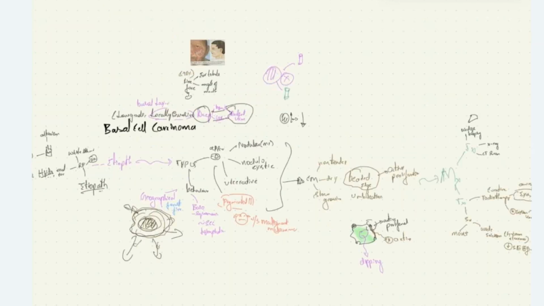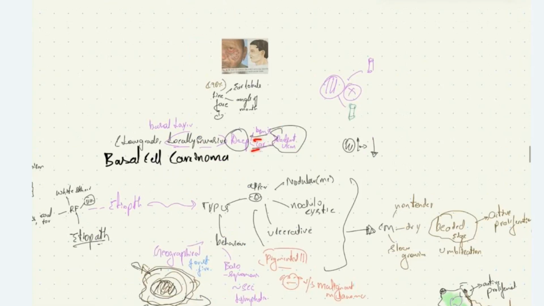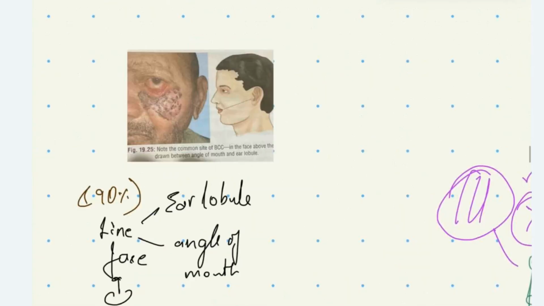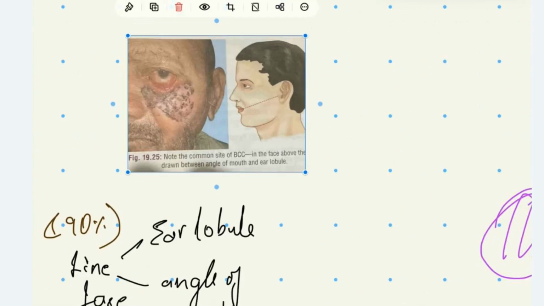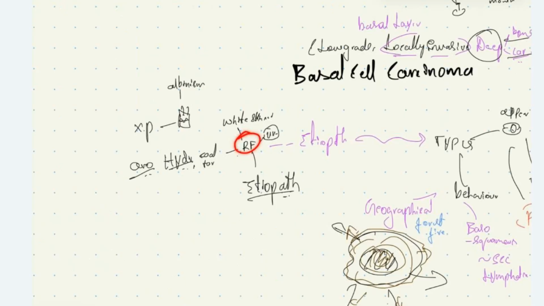We saw basal cell carcinoma is a low-grade, locally invasive tumor invading bone and cartilage, which is seen 90% of the time above the line joining angle of mouth to ear lobule. The risk factors: it's more common in white skin people, exposure to UV light, chronic skin irritation due to coal tar and aromatic hydrocarbons.